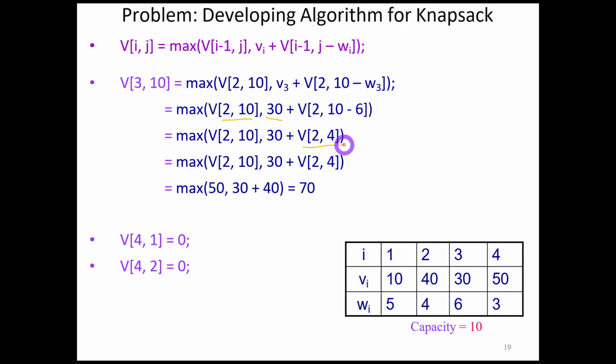V of 2, 4. If you look in the table, V of 2, 10 is 50, 30 is the cost of item number 3, and V of 2, 4 is 40. So 40 plus 30 is 70. Obviously, the maximum or the greater one is 70. So we will be choosing this 70 over here. We'll write that. And obviously, we are choosing something from the right side, so keep should be 1.